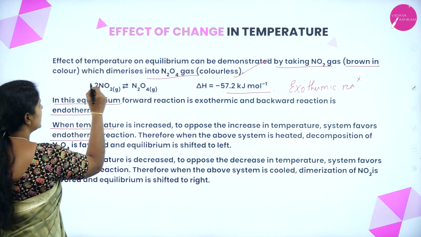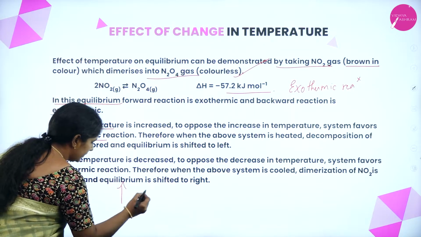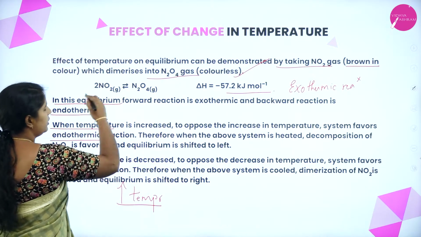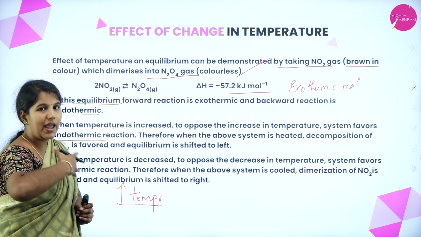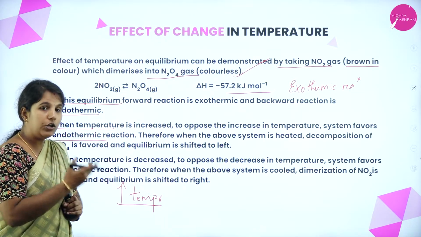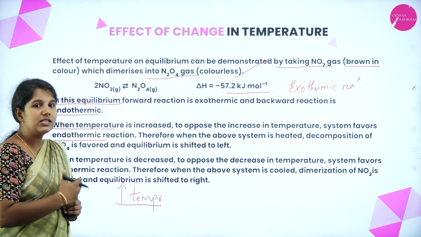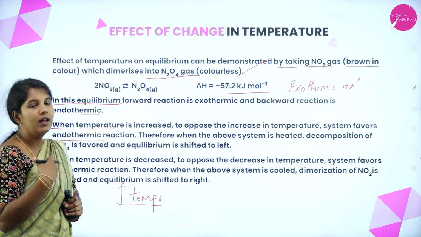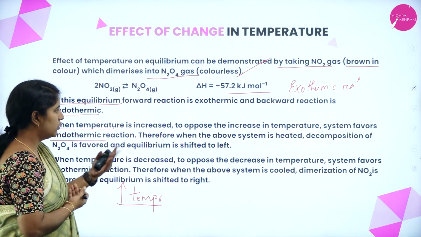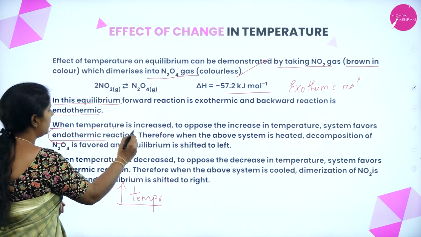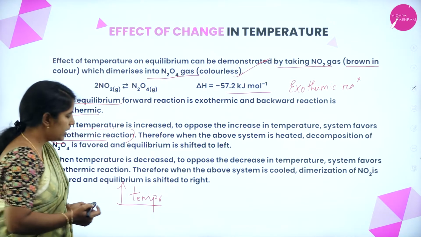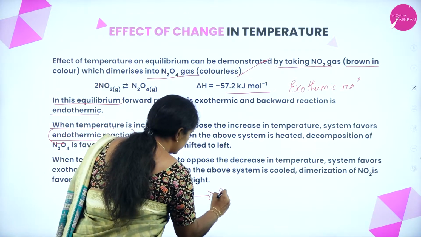So, what does it do? When I increase the temperature of the system, we know that in the forward direction it is exothermic, so heat is liberated. In order to nullify this effect, the system moves in an endothermic way.